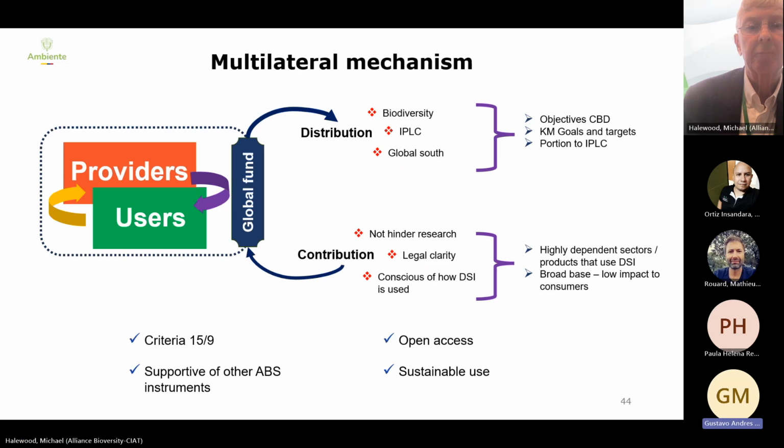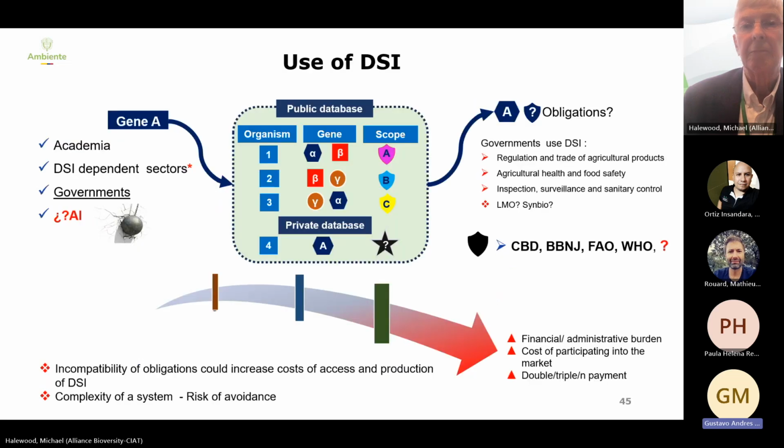The one with the highly dependent sectors could potentially be much easier than having to identify individual products or to set up a global fee. But a lot needs to be discussed regarding all of them. But how does this translate with the reality of how DSI is used? Next slide, please.